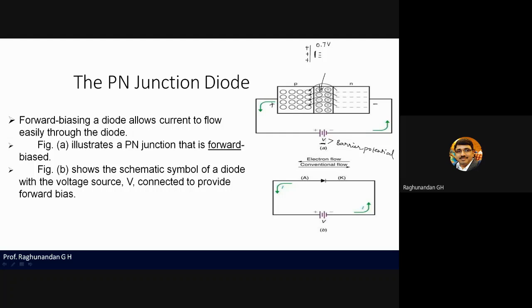Just for analyzing, P type is a positive plate, N type is a negative plate. In between we have a gap, that is our depletion region. Just for understanding, this is acting like a 0.7 volt battery.